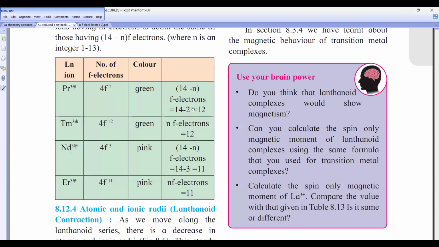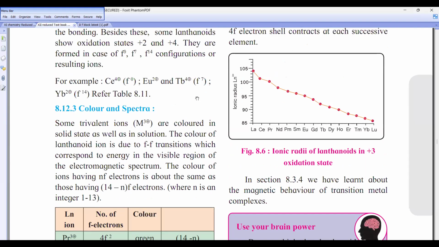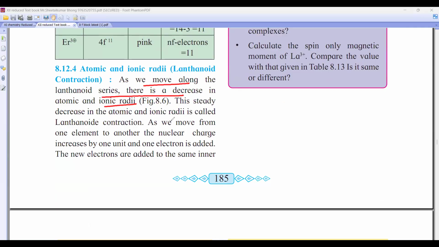I'll tell you the marking. Here, page 185. As we move, there is a decrease in atomic size. This is called lanthanide contraction.